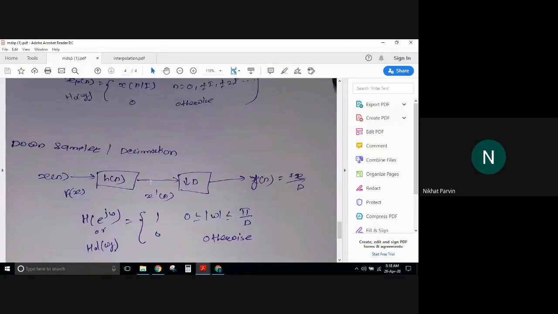This part was hidden; it was not there in decimation. Simply x of n is applied to the downsampling and you get y of n, which is nothing but Fx by T. Okay, so here, before the downsampling, you have used your low pass filter.